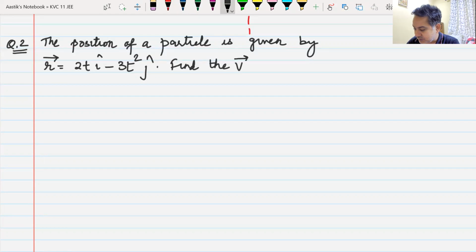Find the velocity and acceleration at, let us say, 2 seconds.